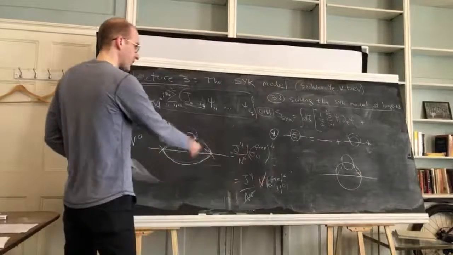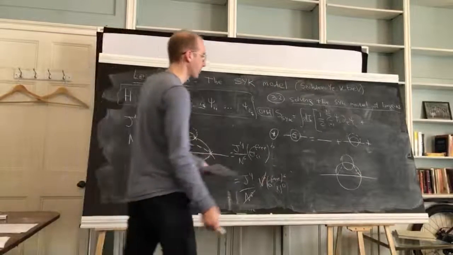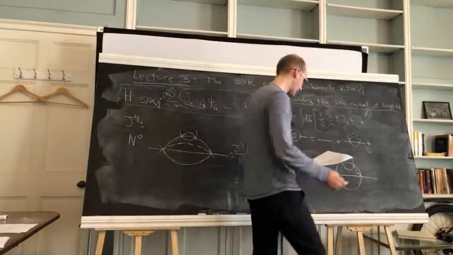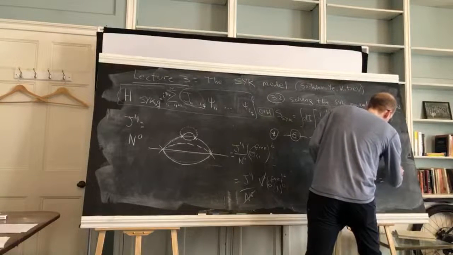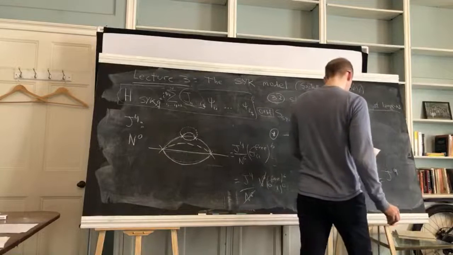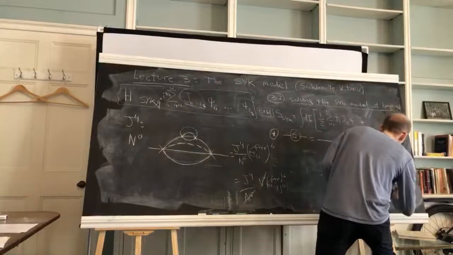Because the 2-point function comes with all these delta functions, you see how they are contracted, and you can check that this term goes like J to the 4th over n squared.